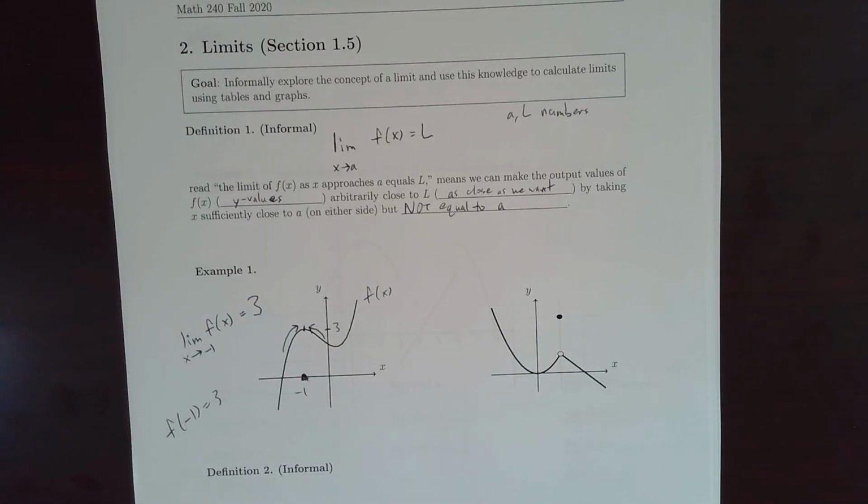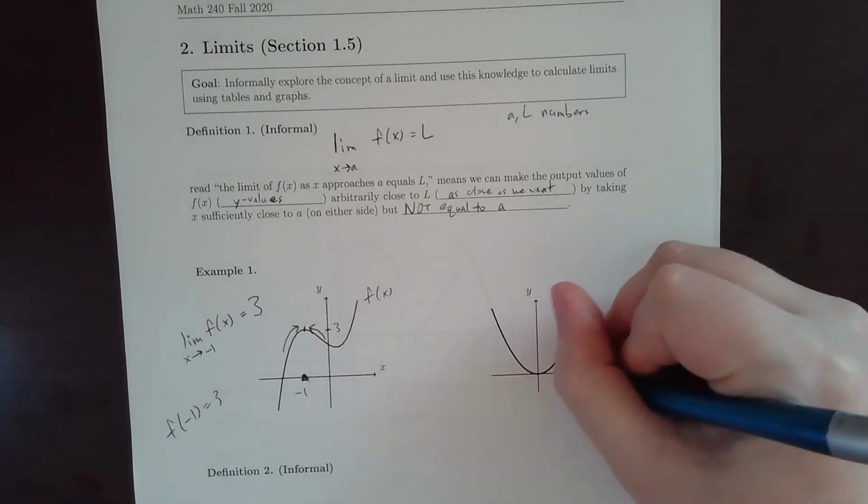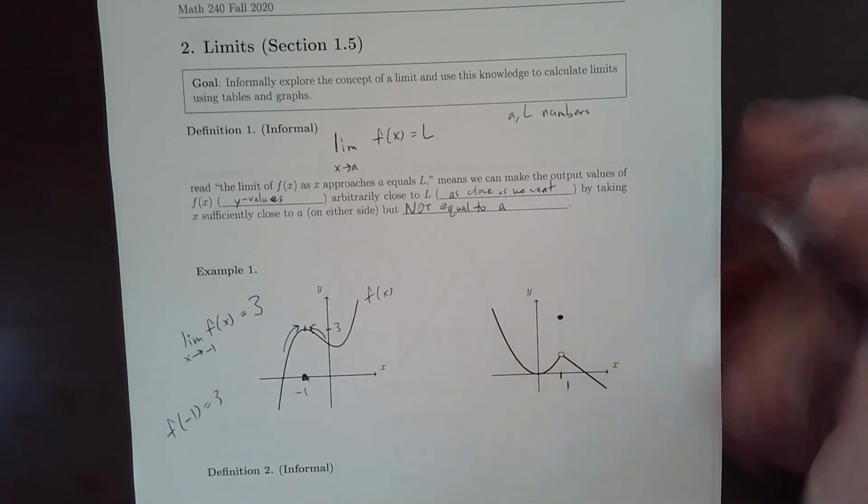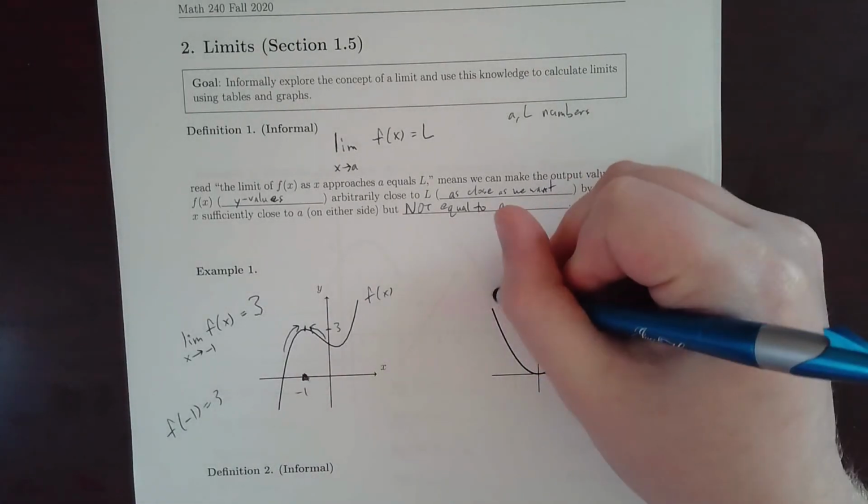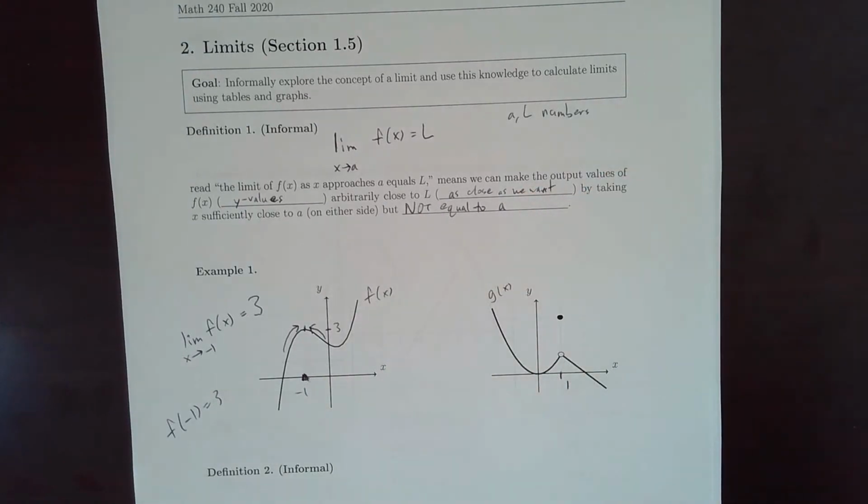Sometimes we have weird things where we've got a piecewise function, and maybe we get some jumps, maybe we get some open circles. So let's look at the value for x equals 1 on this graph for what we're going to call g of x.